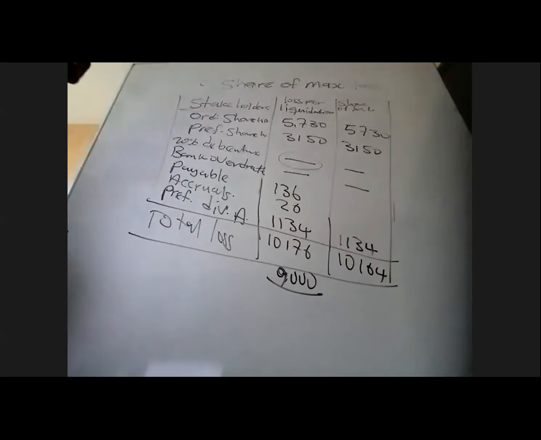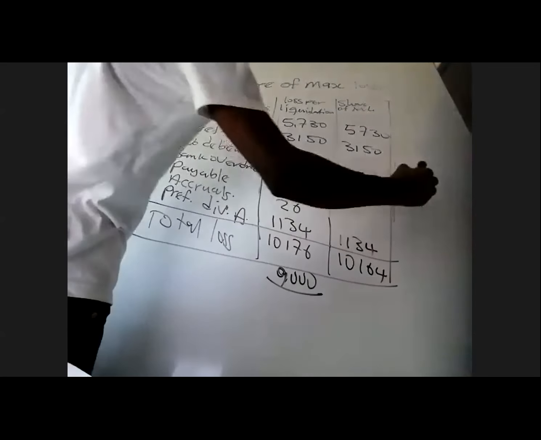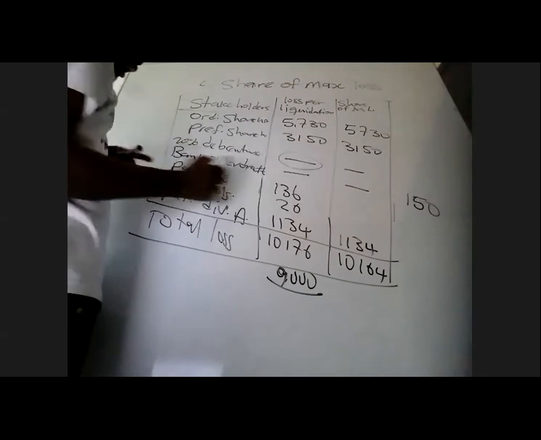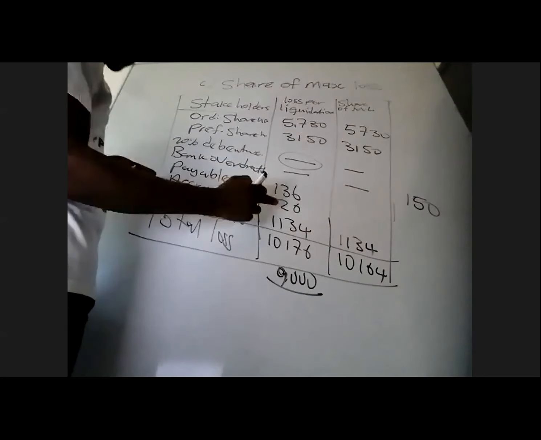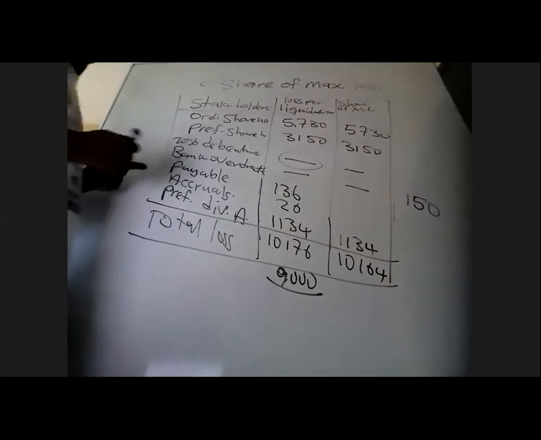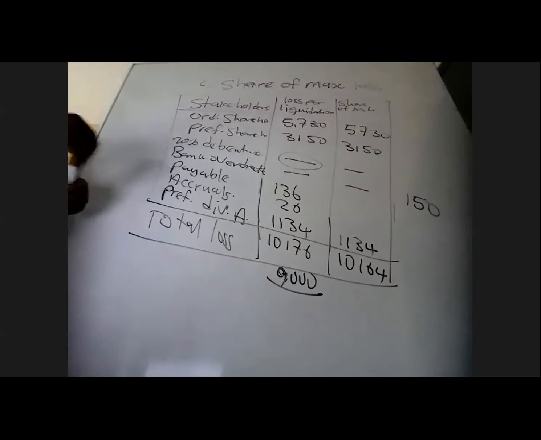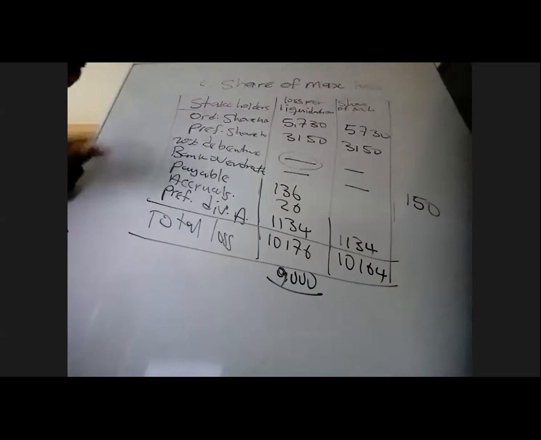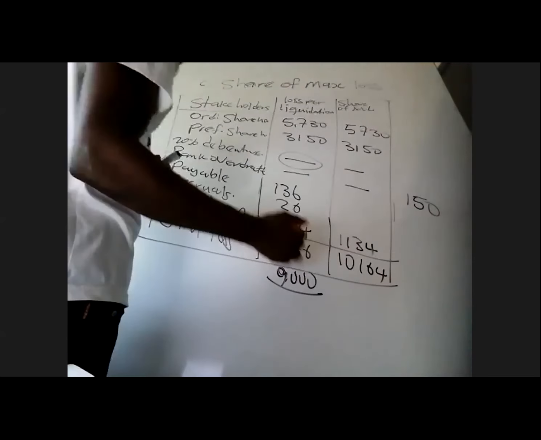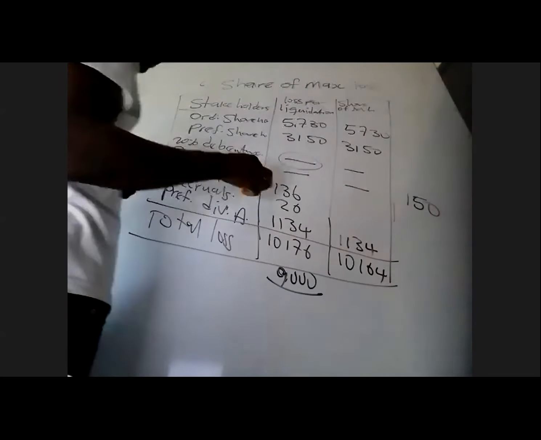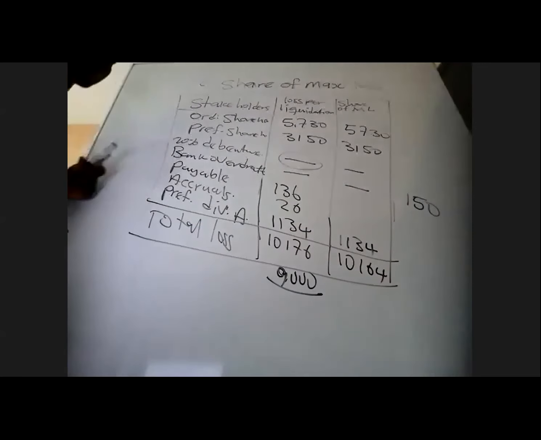We are left with 150, right? Okay, good. So this 150, we have to share between payables and accruals. Now let's share the 150. It's discretionary, so tell us how much you should give. You can prorate it.